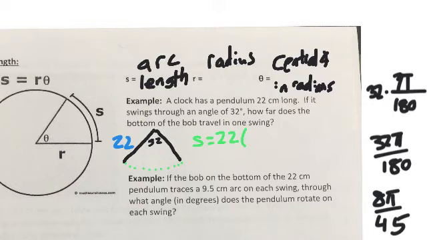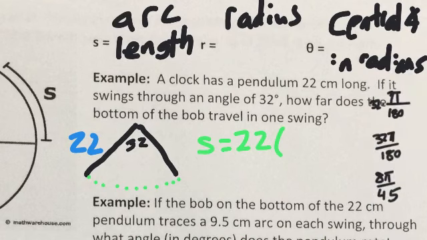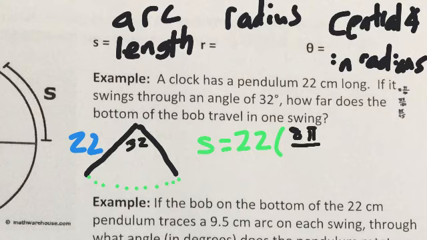Okay, so now I'm going to plug that in for the degree in radians. And then I'm just going to multiply 22 times 8 pi over 45.